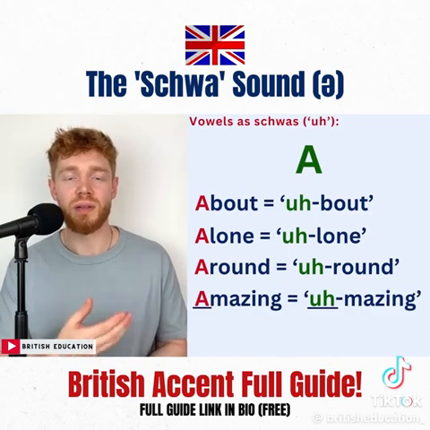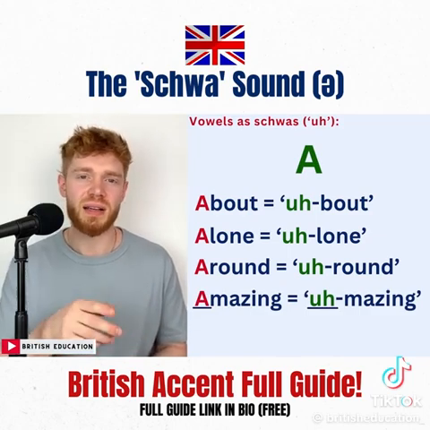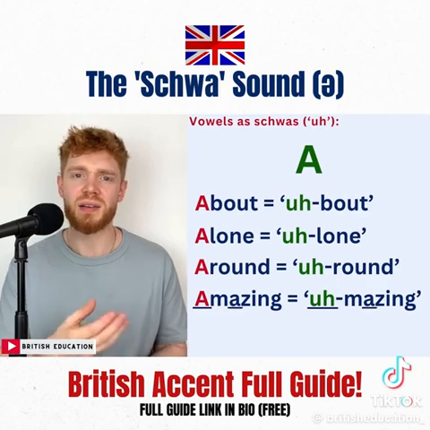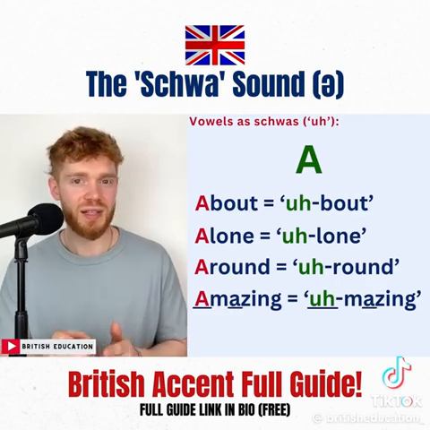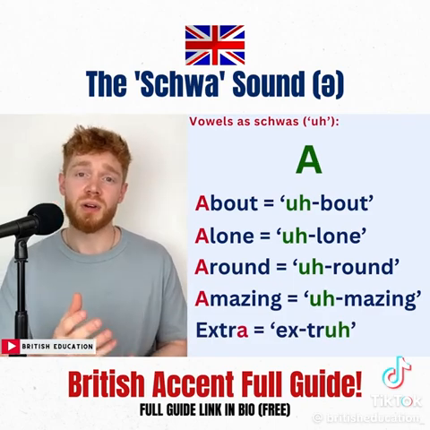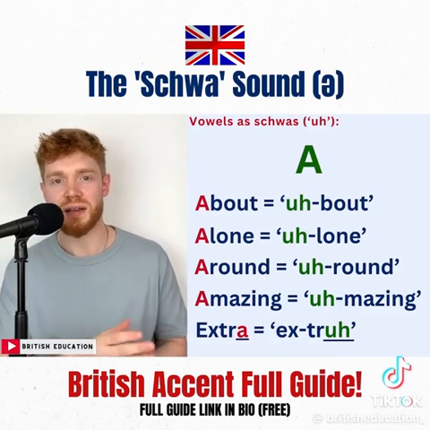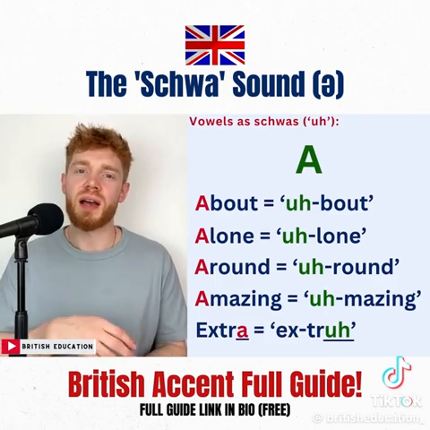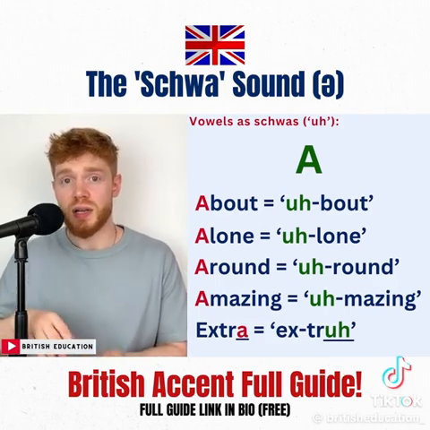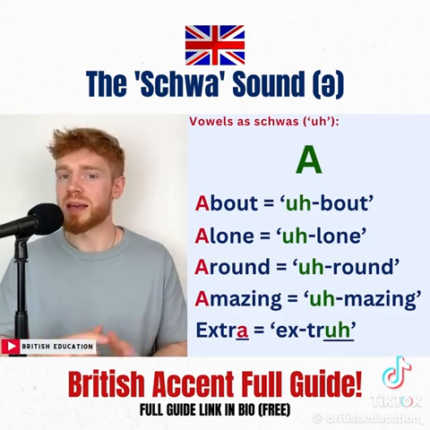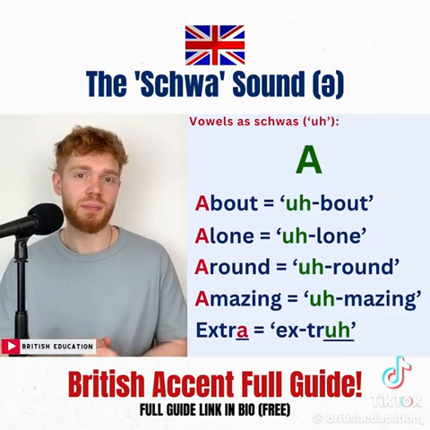And you'll notice with this word, the first A is a schwa, but the second A isn't a schwa, so amazing. We'll get onto that later. Extra. So extra, the schwa sound at the end. And this shows you that the schwa doesn't actually have to be at the start of a word. It can be at the start, the middle, the end, anywhere, as long as there is a vowel there, okay?